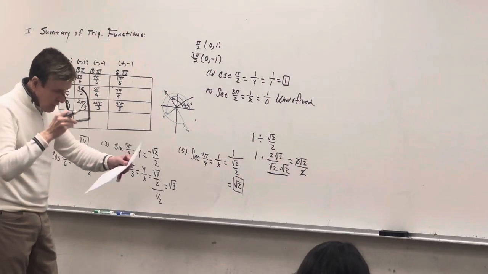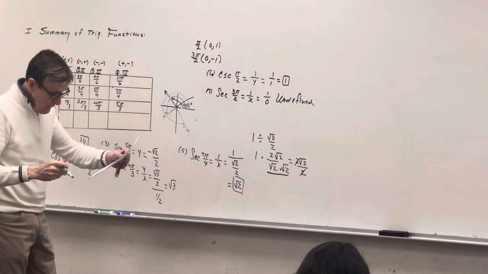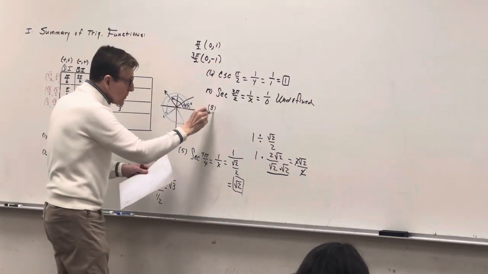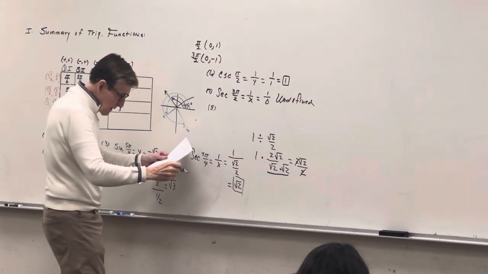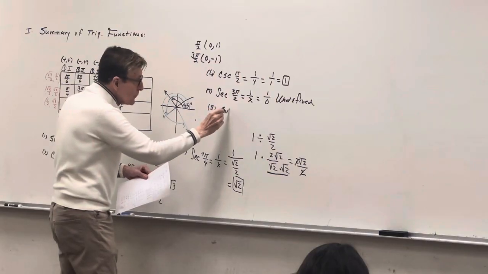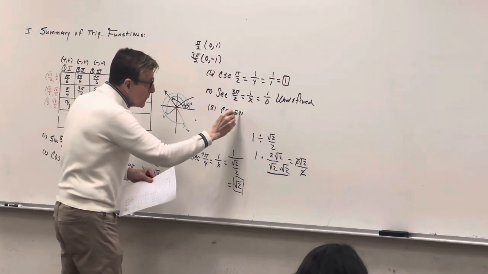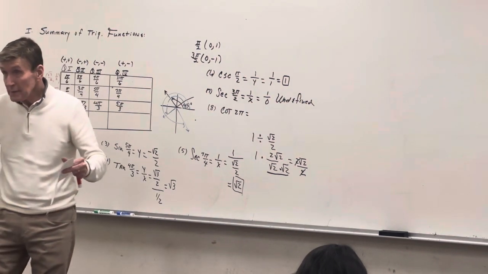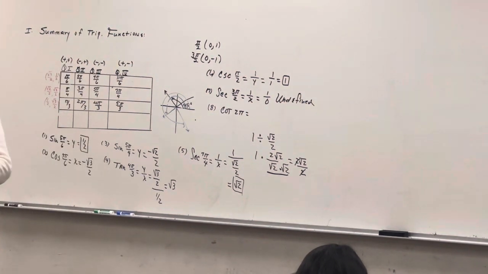Let's see if I threw in one more here. Yeah, I did. Number 8. Try one more here, guys. Cotangent 2 pi. Does anyone recall, before I place it myself, does anyone recall the definition for cotangent?